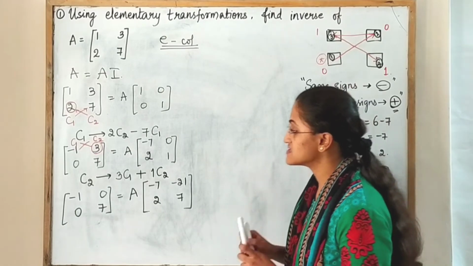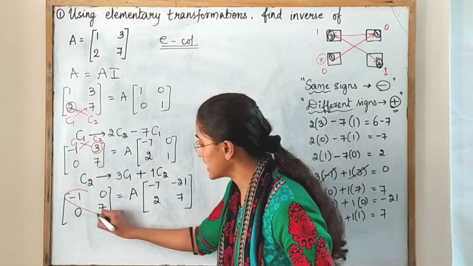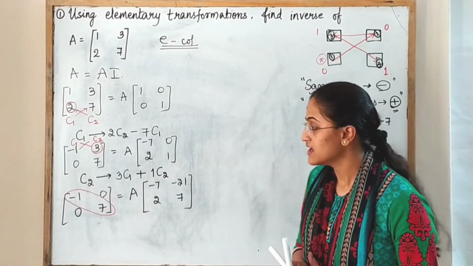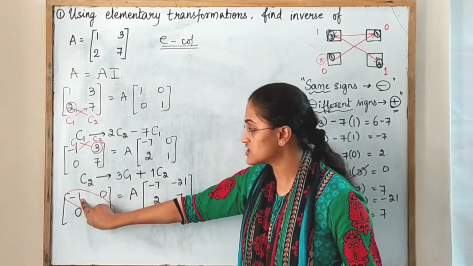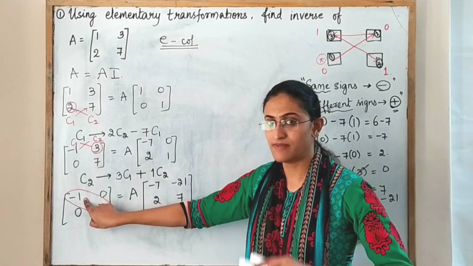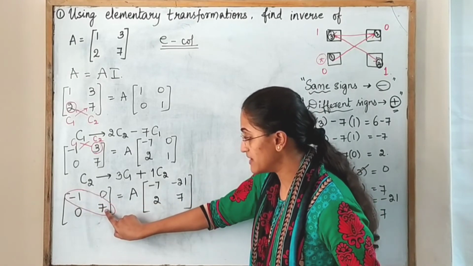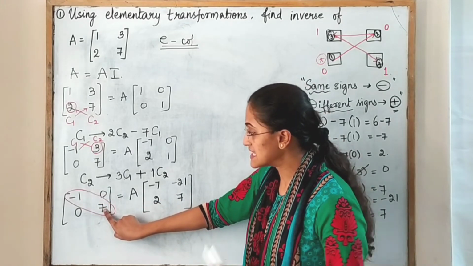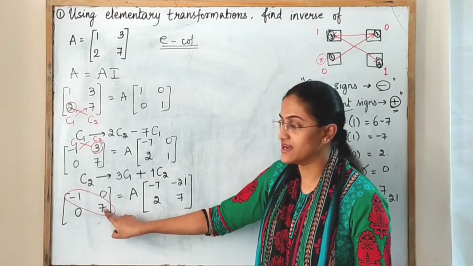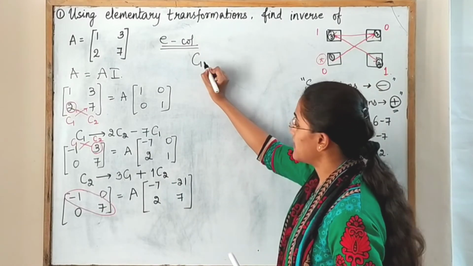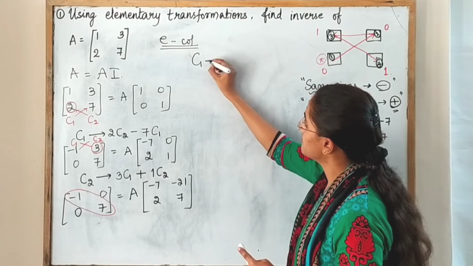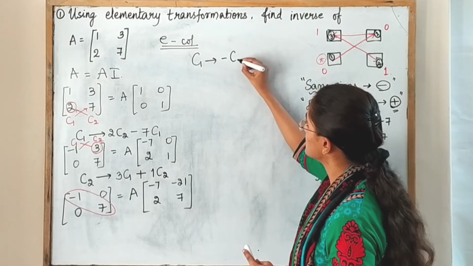Now our target is to make these two diagonal elements 1. In the first element, we have just got minus, we need to make it +1. But in the second element, there is 7 and I need to make it 1. Now what shall we do? I shall just multiply the first column by a negative sign.